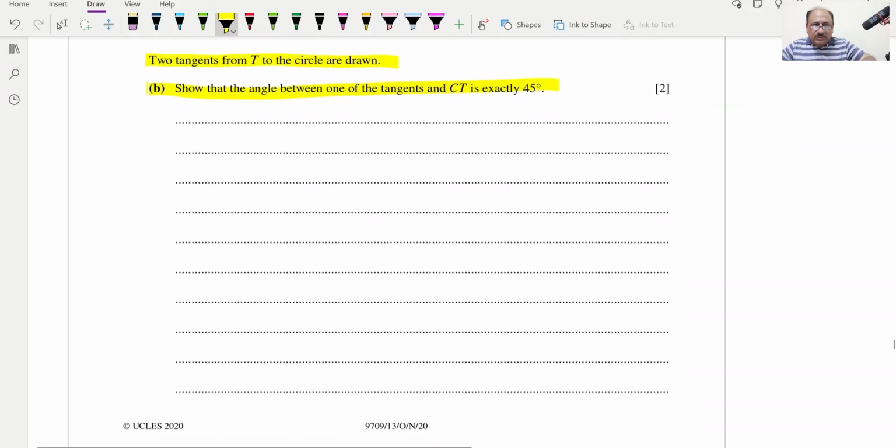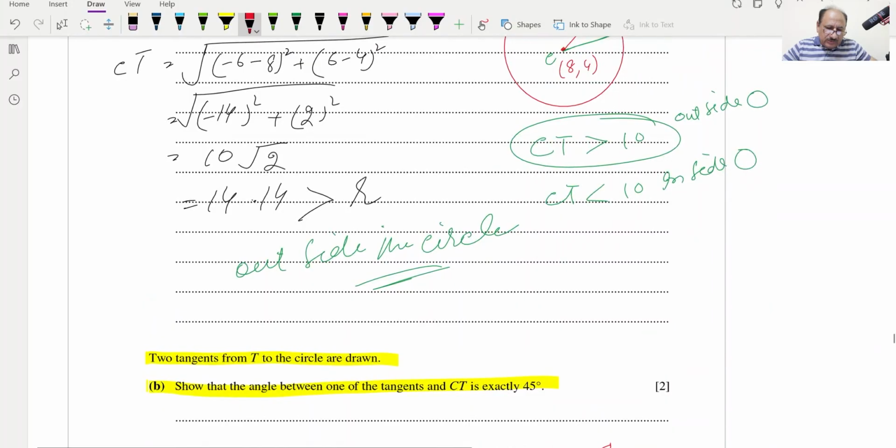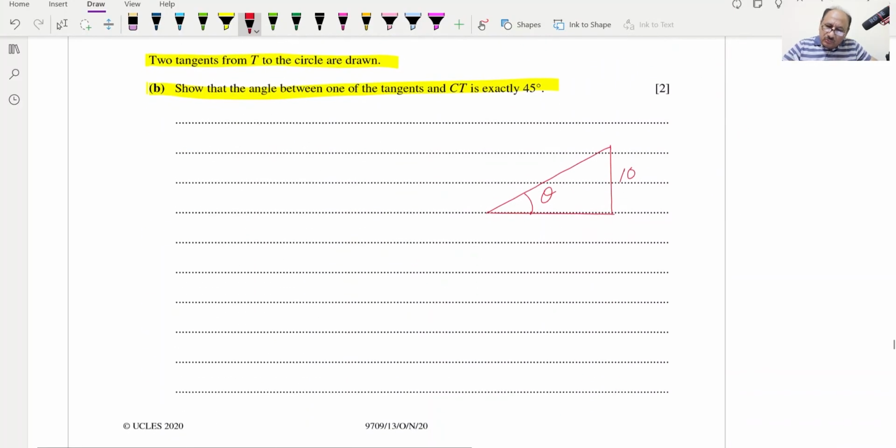So we can draw a triangle to understand this. So say this is the triangle which we have drawn, and this angle is theta. This side is 10, and we found that the other side which is CT is 10 under root 2, so we can write this one as 10 under root 2.